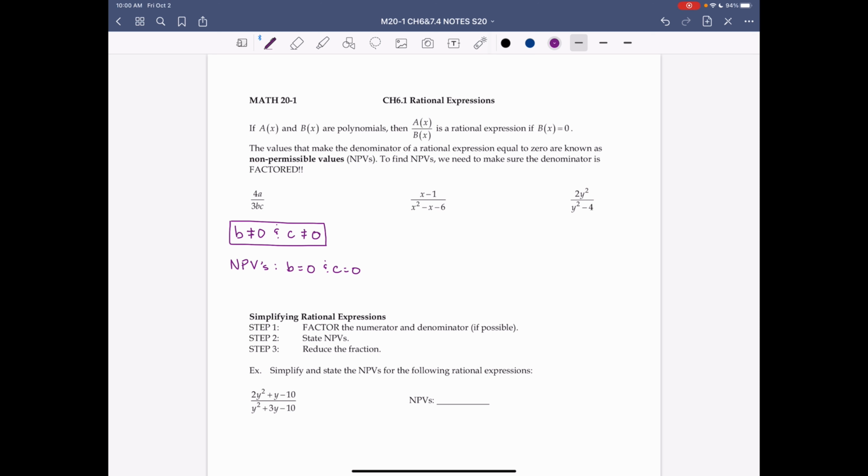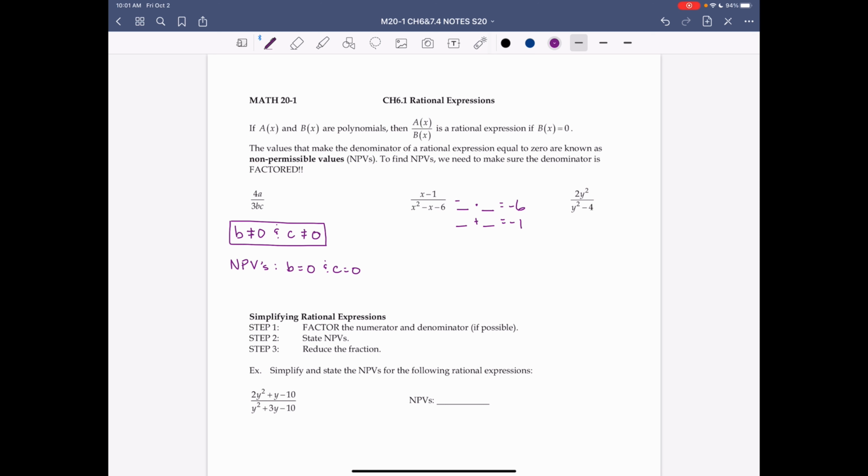Next one, x minus 1 divided by x squared minus x minus 6. We need to factor the trinomial on the bottom. We want two numbers that multiply to negative 6 and add to negative 1. They're one negative and one positive because they multiply to a negative and then they add to a negative, so the negative would have to be bigger.